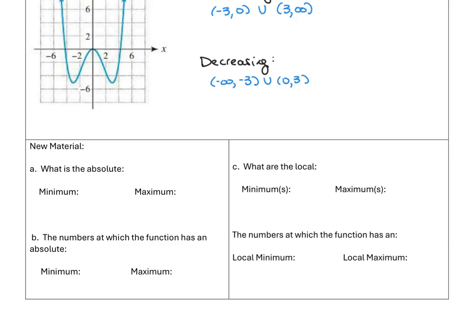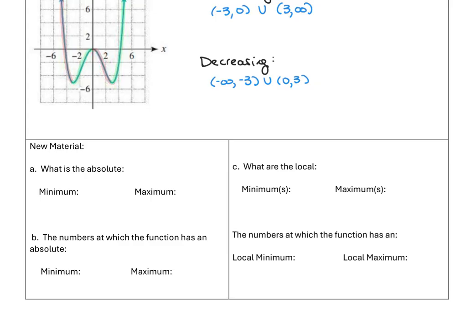And so remember that we were decreasing from negative infinity to negative 3. We were increasing from negative 3 to 0. We decreased from 0 to 3. And we increased from 3 to positive infinity.